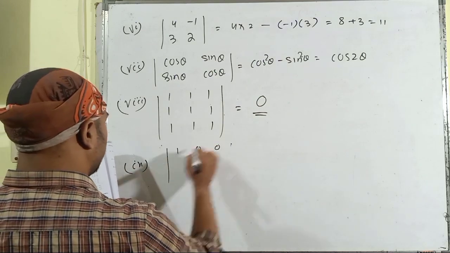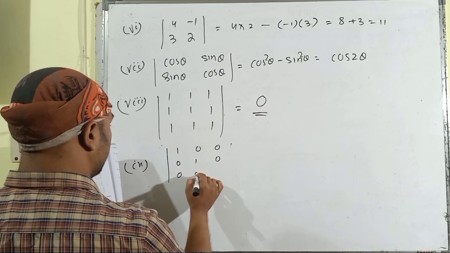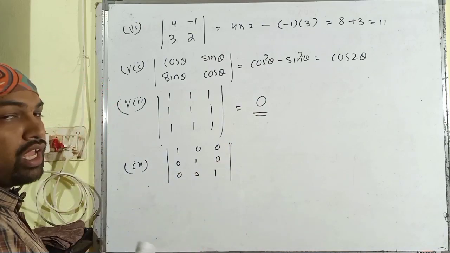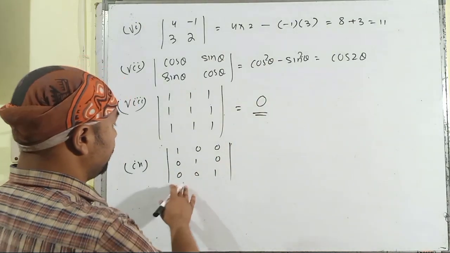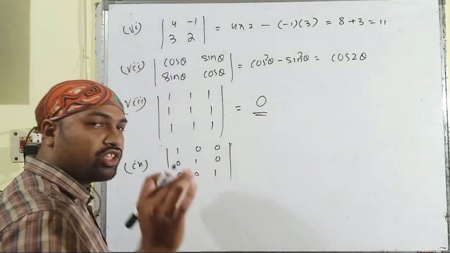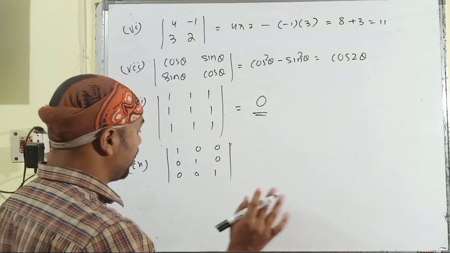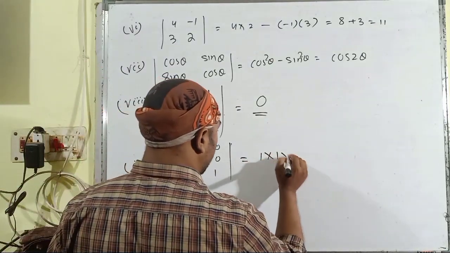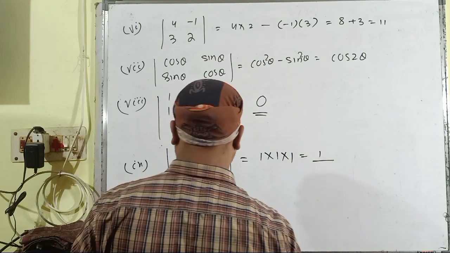Determinant of 1 0 0 0 1 0 0 0 1. As it is in the form of a diagonal matrix, its determinant can be evaluated by just multiplying the main diagonal elements. So it will be 1 multiplied with 1 multiplied with 1, and that is equal to 1.